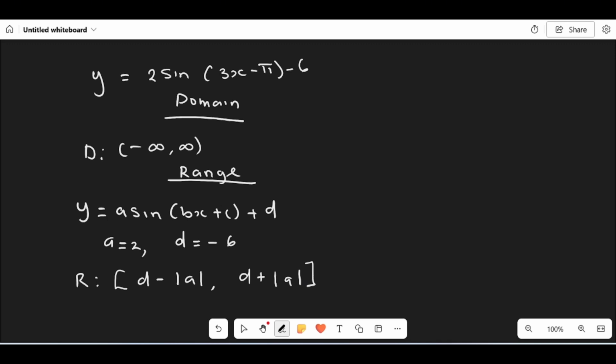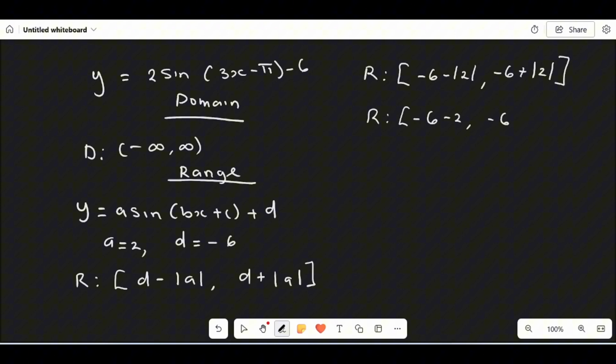Let us substitute the value of d and a. Range will be [minus 6 minus absolute 2, minus 6 plus absolute 2], and it will be [minus 6 minus 2, minus 6 plus 2].